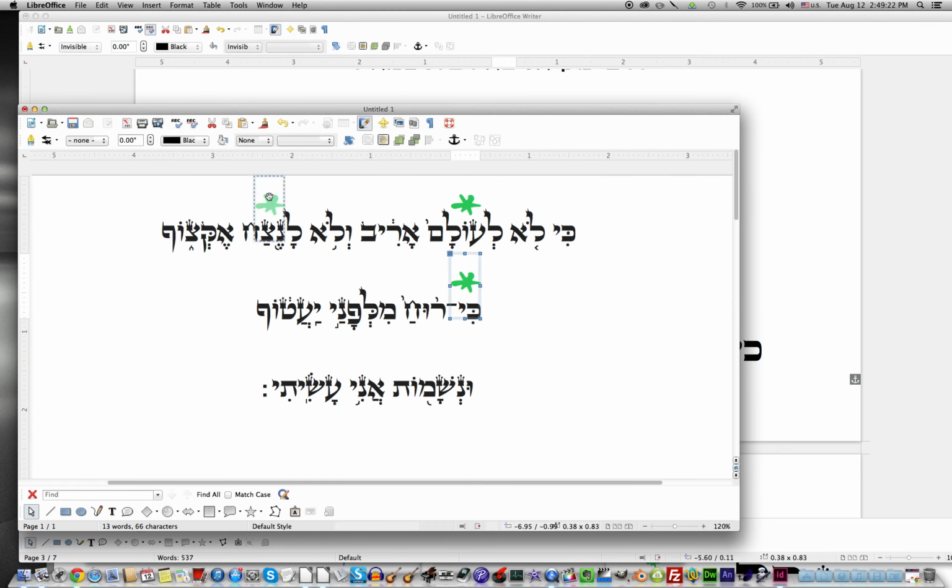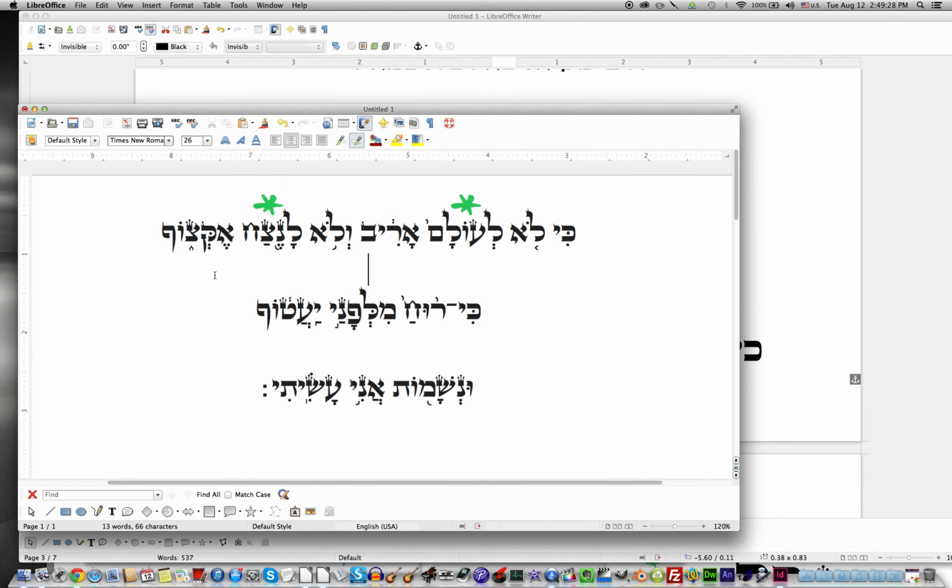And also the different forms of anger. Ketzef. Ketz has the word ketz in it. Le'olam and lenetzach. Ki ruach milfanai ya'atof u'neshamot ani asiti.